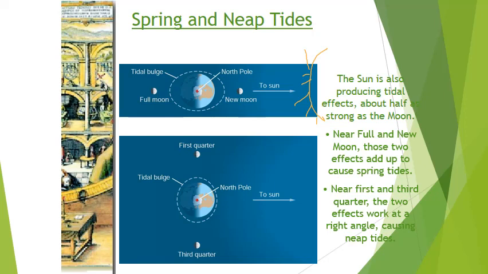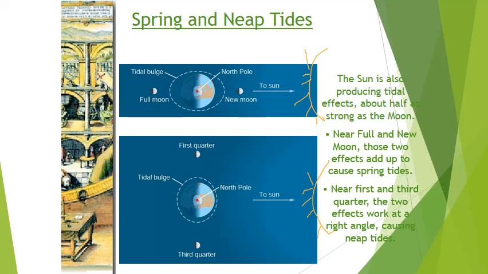In the full moon case, you've got the moon over here, and it's pulling on the Earth's water, and the sun is also pulling on the Earth's water. It's going to create very large bulges and therefore very large tides. When the sun is over here and the moon is not lined up, but rather is at a right angle to the sun with respect to the Earth, you get what are called neap tides.